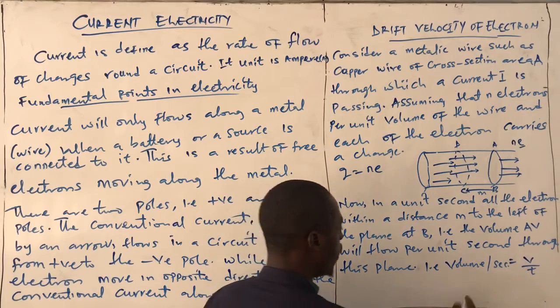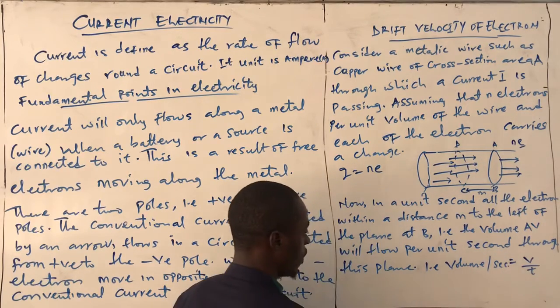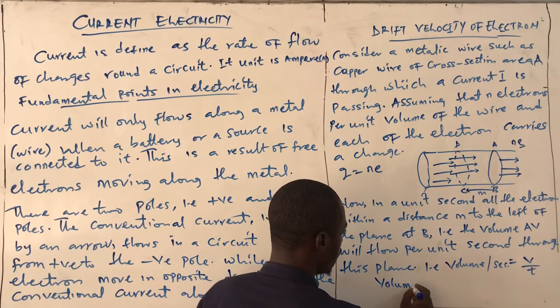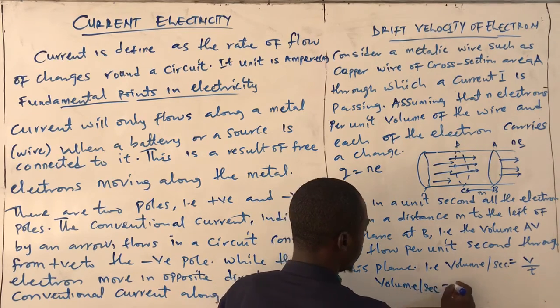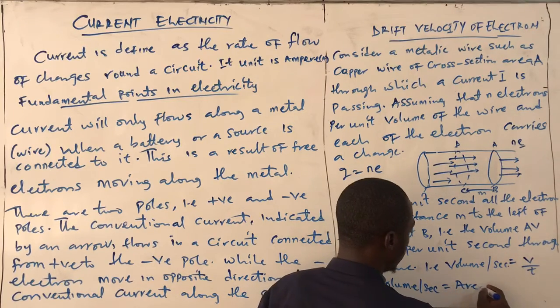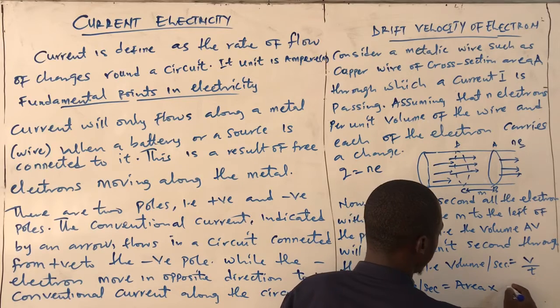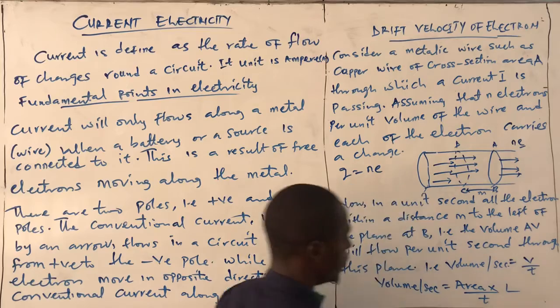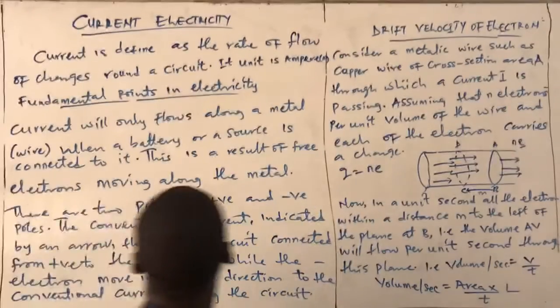That is, the volume per second is equal to V over T. We know from the formula, volume is equal to area multiplied by length, divided by time.